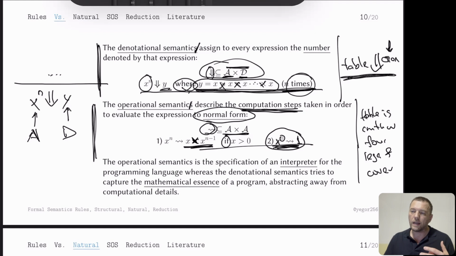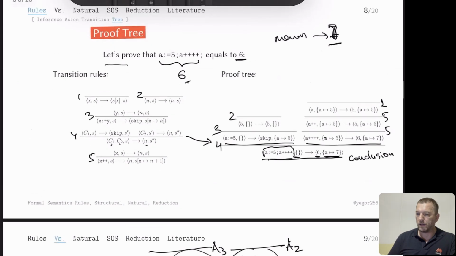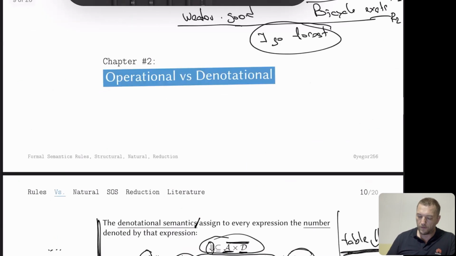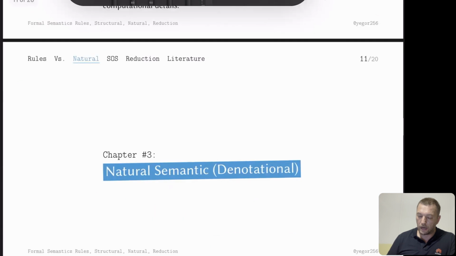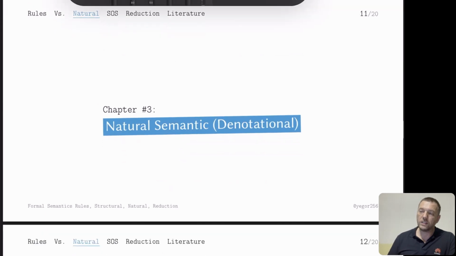You cannot make an intuitive description of your language if you really want to make something scientific. You need to describe semantics formally, just like I showed you before with, for example, that kind of inference rules. And we will see how to do it with natural semantics separately, and operational semantics and the structured semantics. So first is denotational.